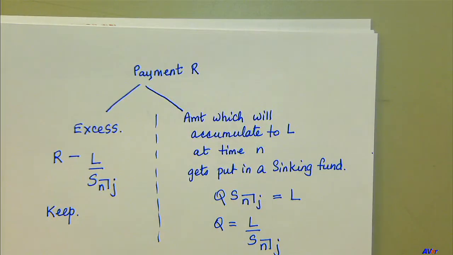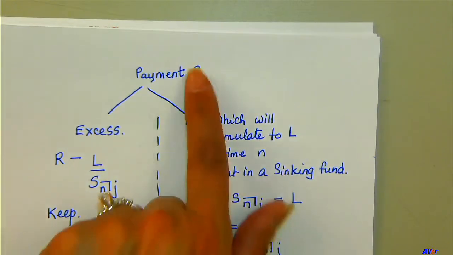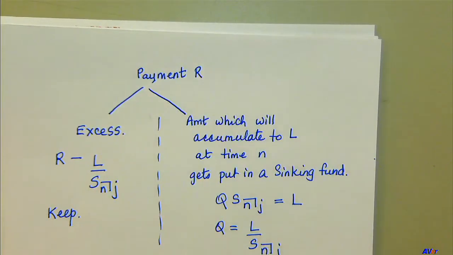So replacement of capital is the process by which the bank will recoup the loan amount by putting a certain fixed amount into a sinking fund, which will accumulate to L at time N, and then the rest of the payment will go to them to do whatever they want. Are you following me?